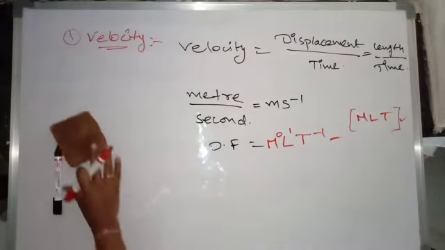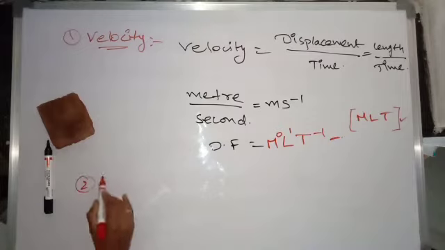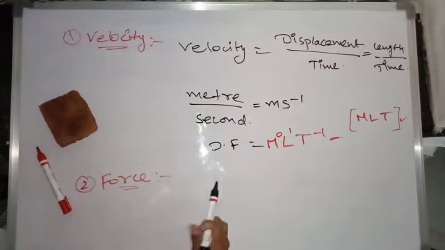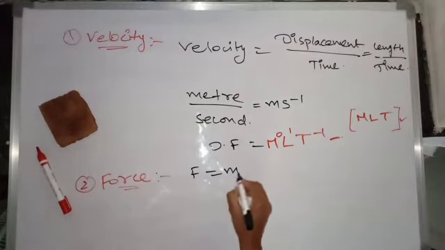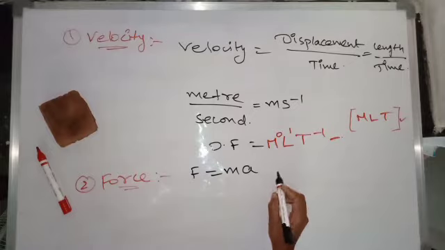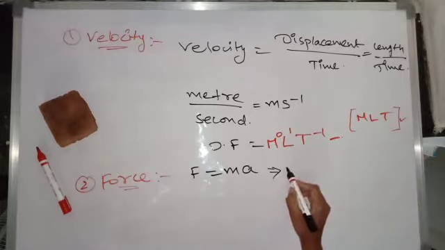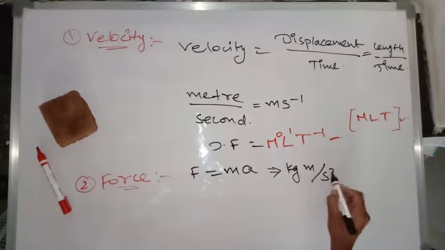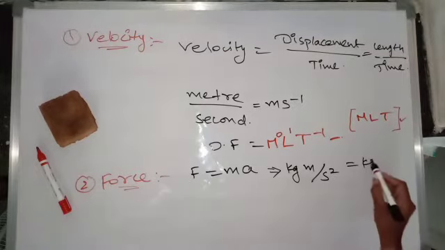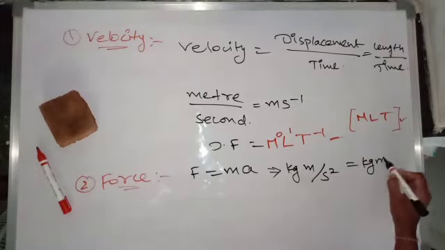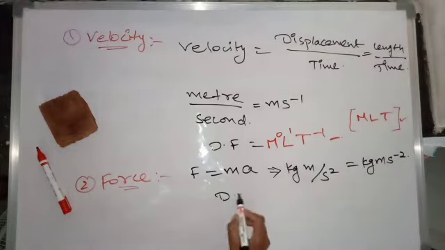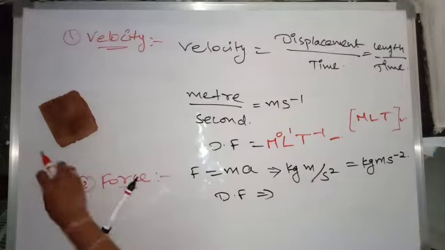I will also give one more example, force. Force F is equal to mass into acceleration. What are the units for force? Kg meter per second square. I am writing this as kg meter into s power minus 2. And the dimensional formula for force is, what is it now?